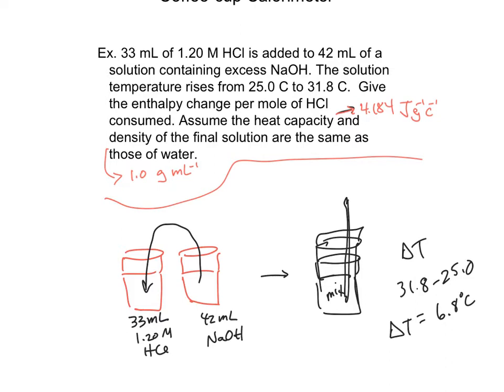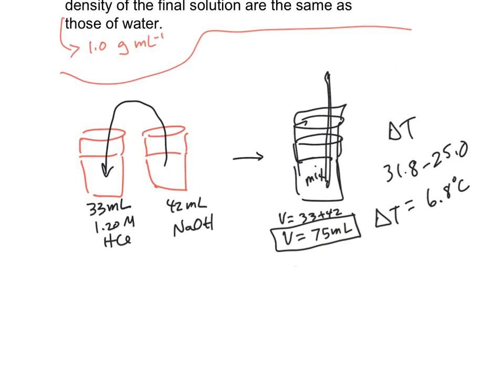All right, now the solution has what volume? So here the volume is 33 plus 42, so the volume is 75 milliliters total. The two solutions are mixed together now. So we need that information with the density to get the mass of the solution. So let's continue along here.